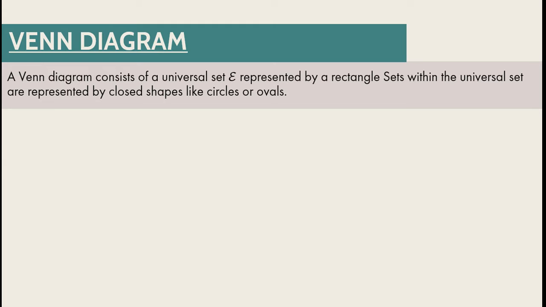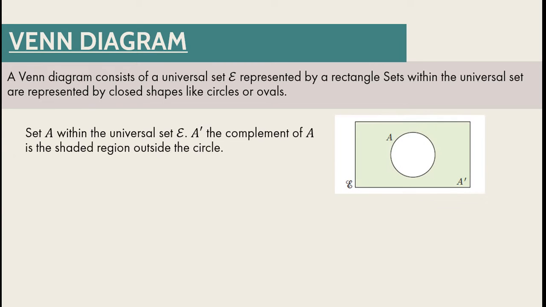Sets within the universal set are represented by closed shapes like circles or ovals. But actually, the shape doesn't matter. You can make it rounder or more thin, thick, fat, anything is okay as long as the relations are displayed correctly. The size and the shapes don't matter.